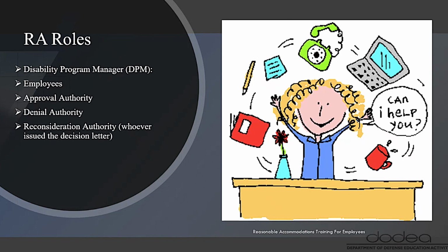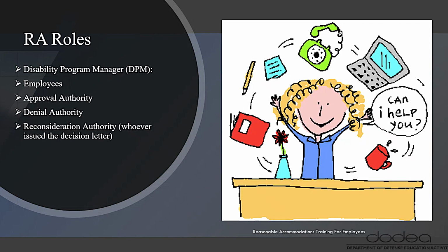Like I said, in some cases, in rare cases, it's not possible to do that, but our goal is always to do that. So the disability program manager is going to review your medical information and your request form and determine whether you're eligible. Then they're going to meet with you before the interactive process to go over what you're going to ask for and the kinds of things that you could ask for.